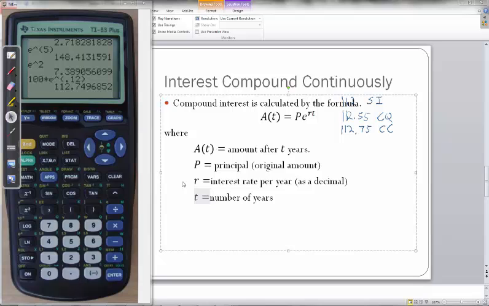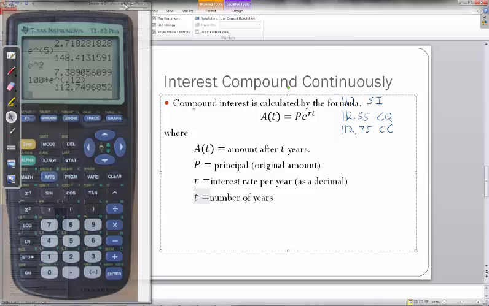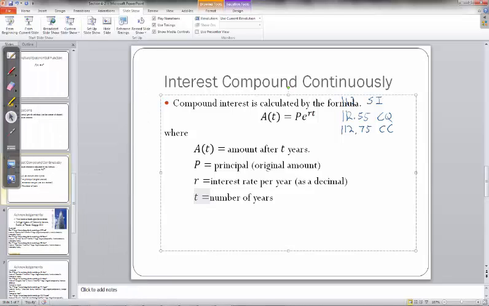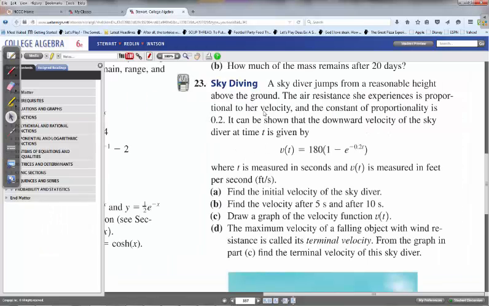We'll look at a problem from the book, but honestly there's not a lot left to do in this section. We're going to look at problem 23 on page 357. And here we are. A skydiver jumps from a reasonable height above the ground. The air resistance she experiences is proportional to her velocity, and the constant of proportionality is 0.2.